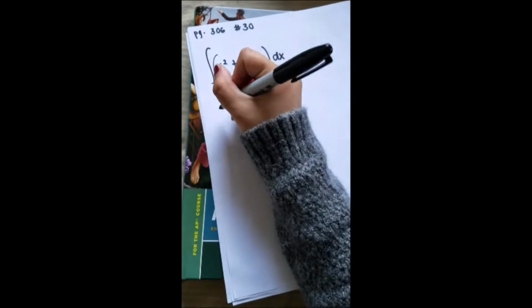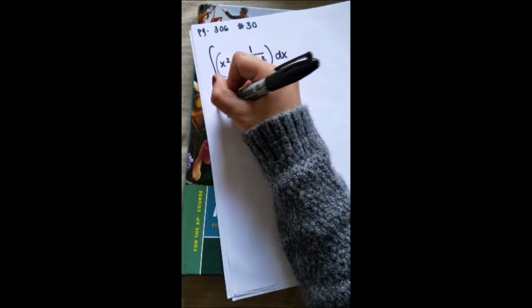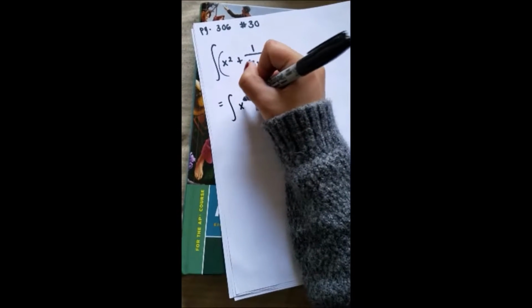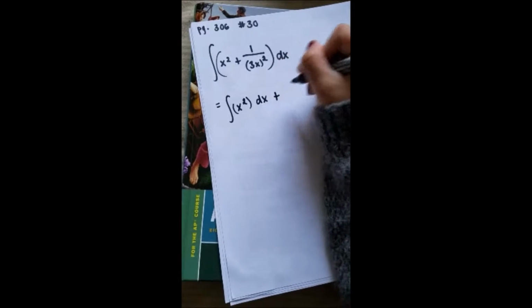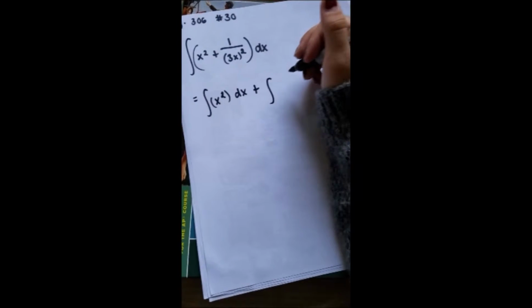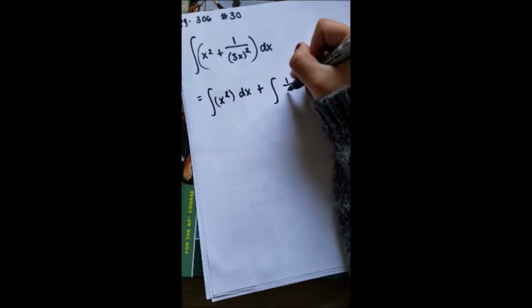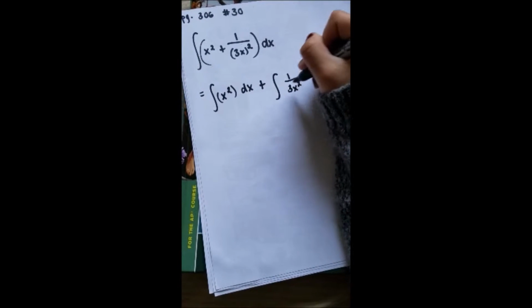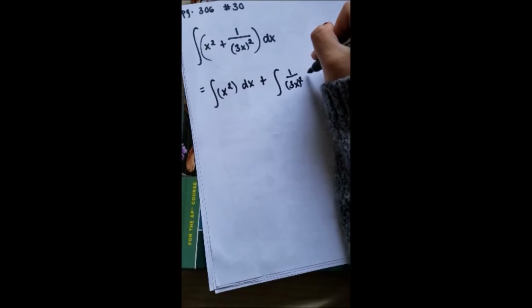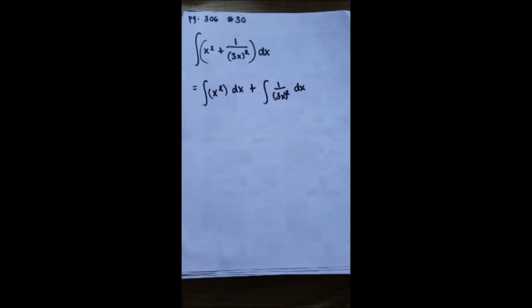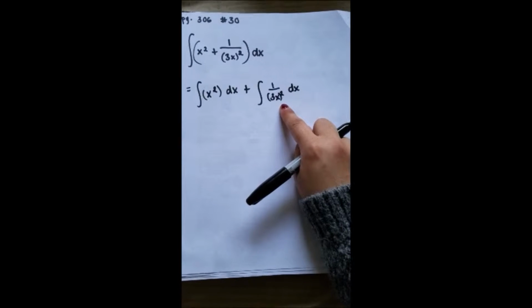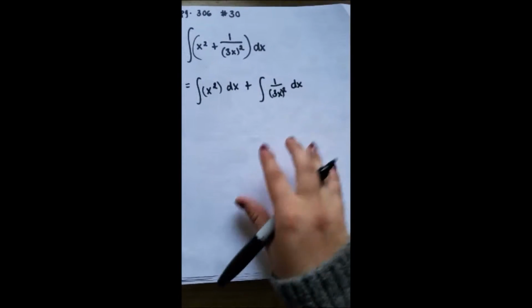So you will get x squared, so you get that, and you can simplify this variable to make it a lot easier.